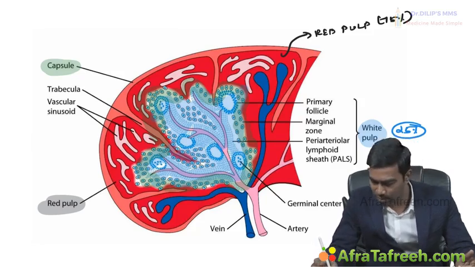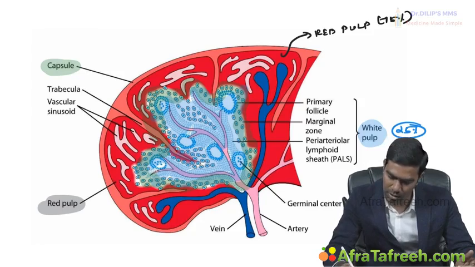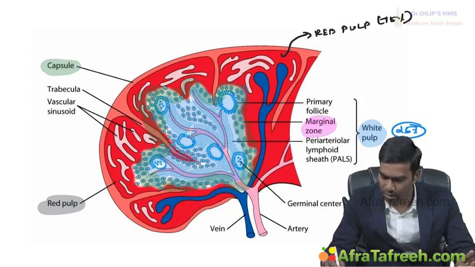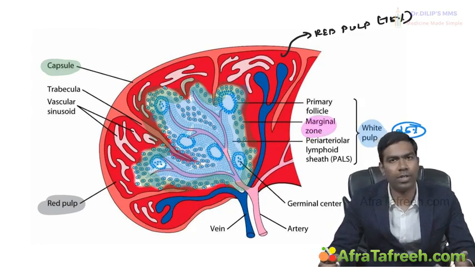You can see that some books will give it under the white pulp, but some books will give that as a separate zone. So it's your wish to understand it with the white pulp or as a separate marginal zone. But anyway, red pulp is 75% and white pulp is 25%.